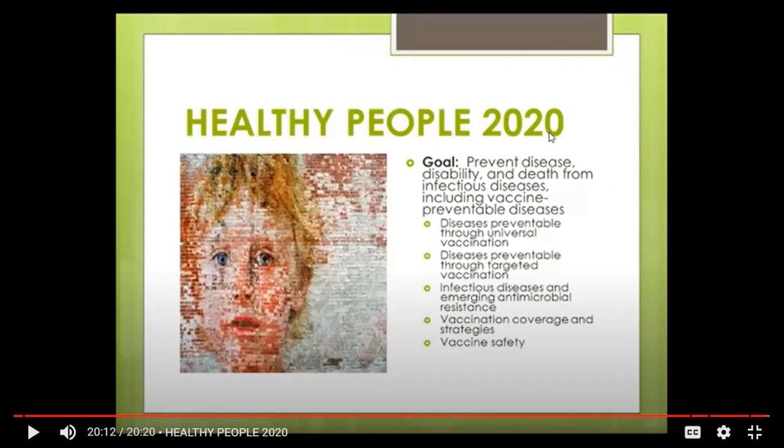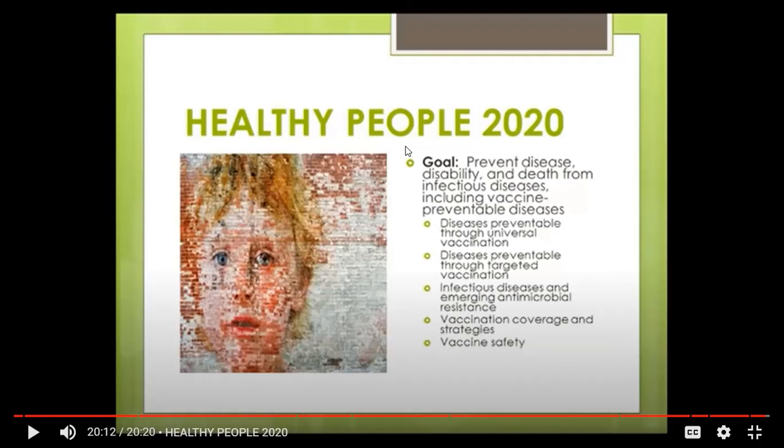But 2020 is over. What is next? Next, we are going to focus on Healthy People 2030. Basically, the goals are to attain a healthy life and well-being, free of preventable disease, free of disability or injuries, and also to stop premature death.